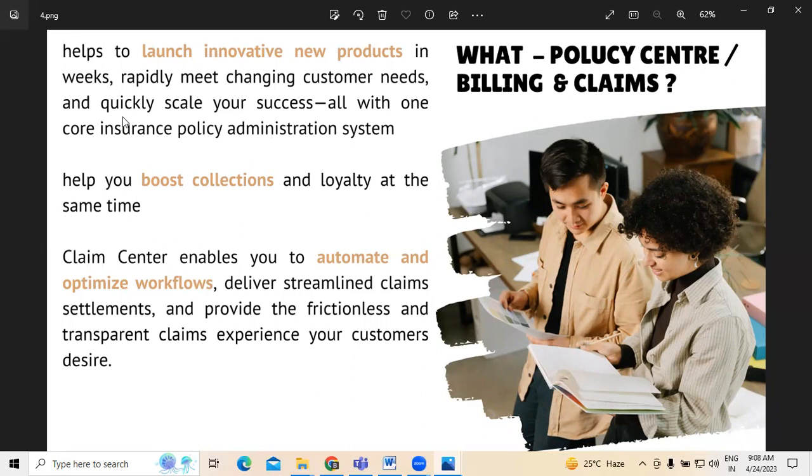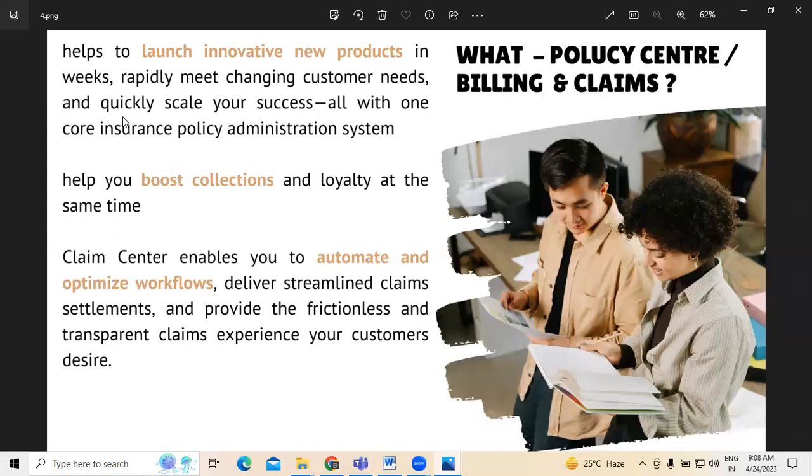So insurance companies want to come up with new innovative products in the market, something like migrating or integrating multiple products and coming up with a new plan, a kind of customization. That's how this innovation is usually required.